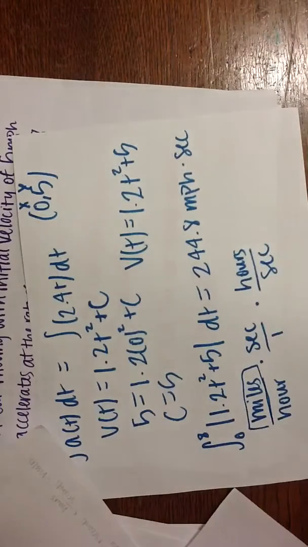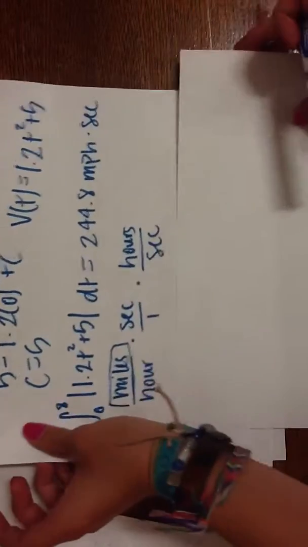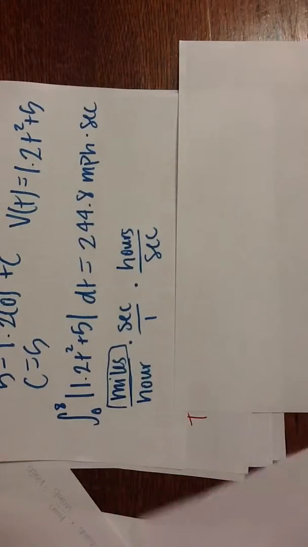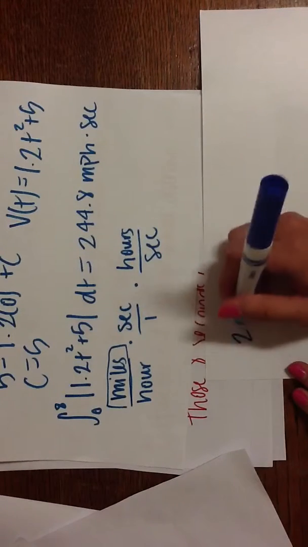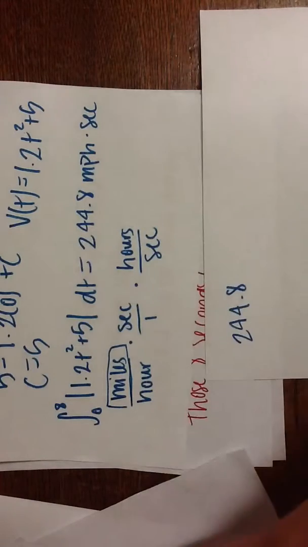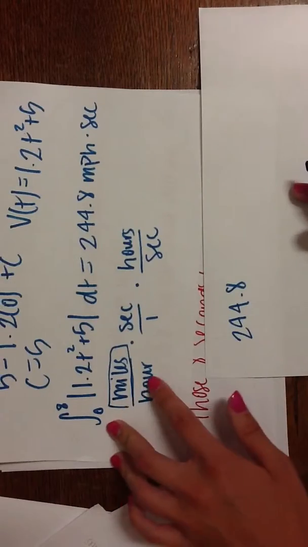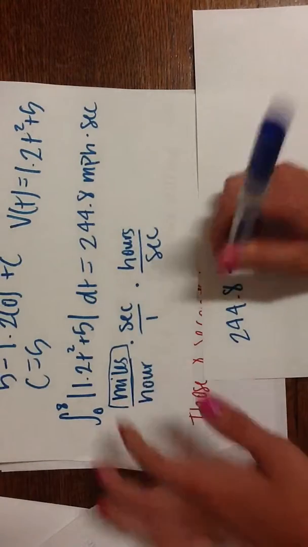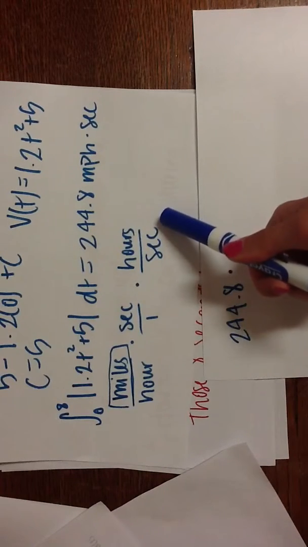I'm running out of room here, so I'm going to add another sheet of paper. We know that 244.8 is the miles per hour times seconds. So we can leave this representing miles per hour right here. Times, now we need to multiply by the hours over seconds.